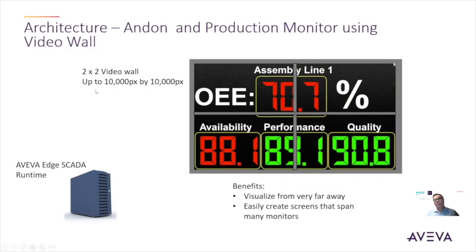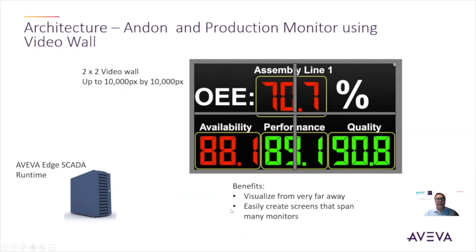AVEVA Edge will support up to 10,000 by 10,000 pixels, so you can visualize this from very far away. We've done studies with some college students where we determined how large the characters have to be so that they can see them from 50 meters, 100 meters, 150 meters away.